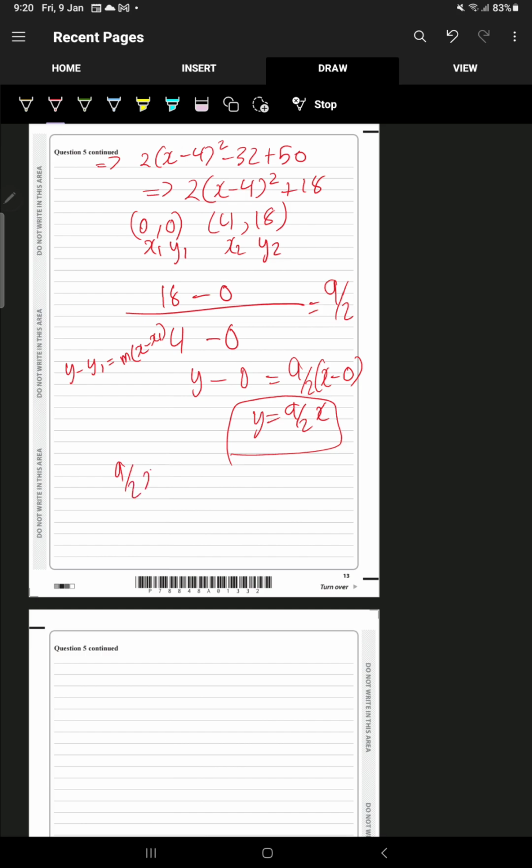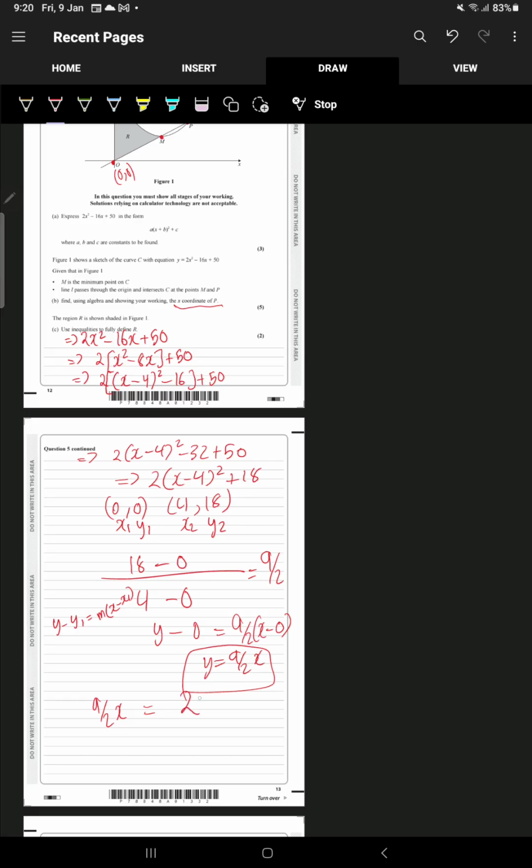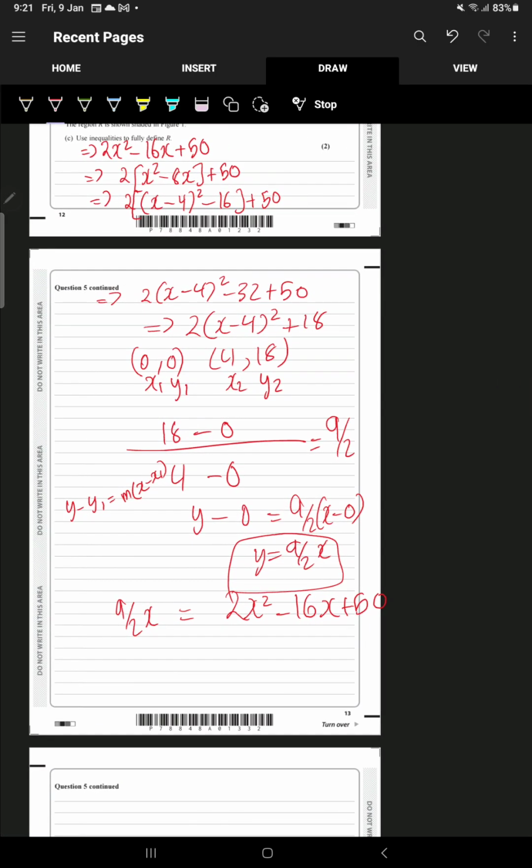So 9 over 2 x is equal to 2x squared minus 16x plus 50, and we can do minus 16, plus minus 9 over 2. This is going to give 2x squared minus 41 over 2 x plus 50. You can use the quadratic formula here, or I can use factorizing on my calculator.